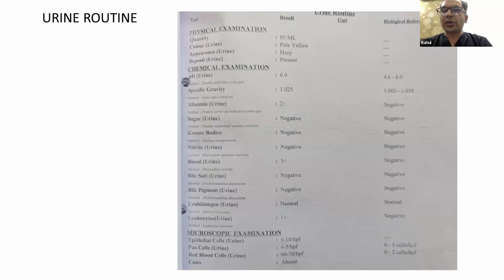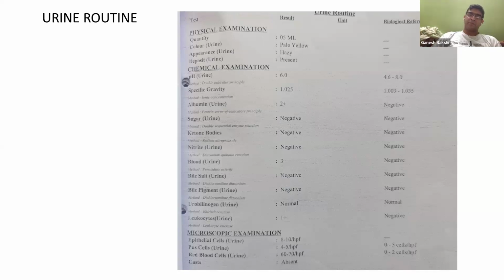Sir, I would like to do ultrasonography of abdomen and pelvis for this patient now. Sonography was not there with the patient. The patient came from outside.